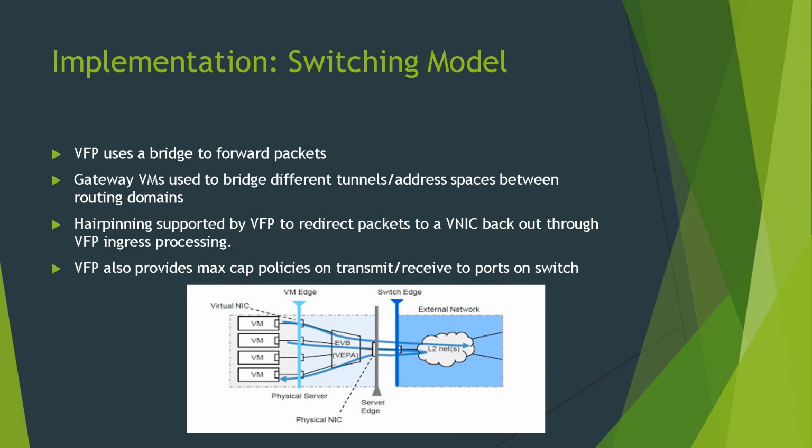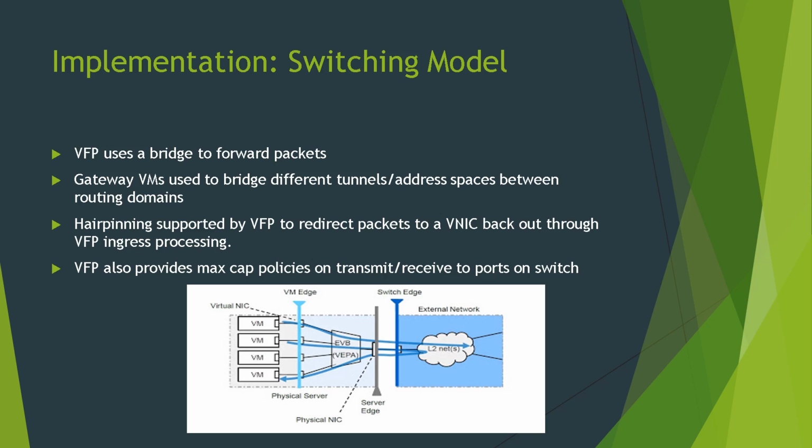VFP currently uses a bridge in order to forward packets by their destination MAC address to the port attached to the virtual network interface controller created with that MAC address. Another feature is that VFP implements hairpinning.